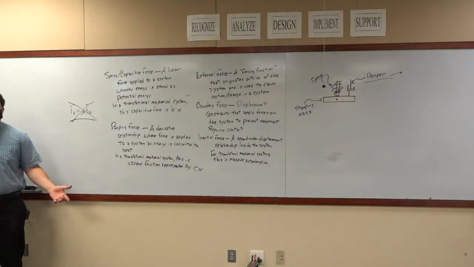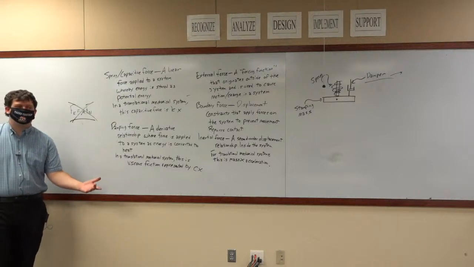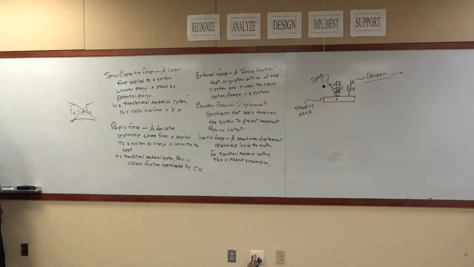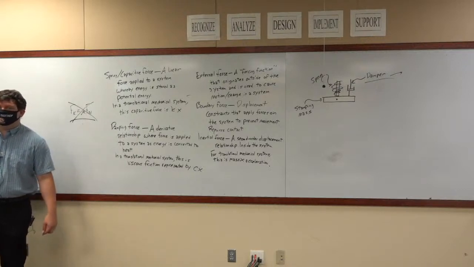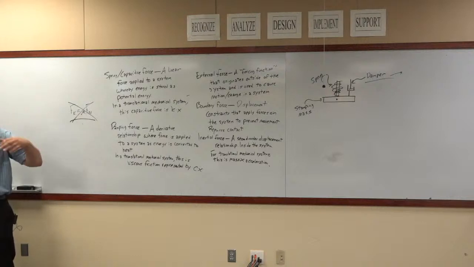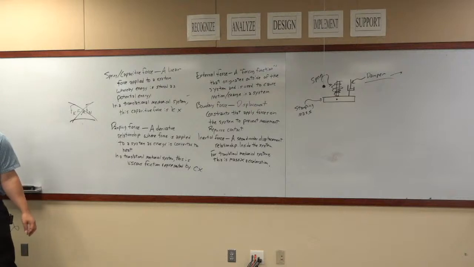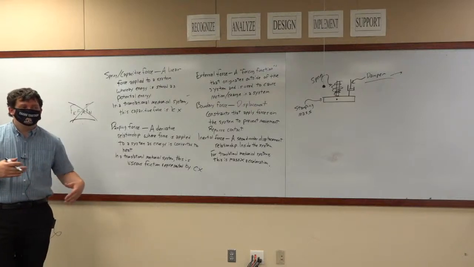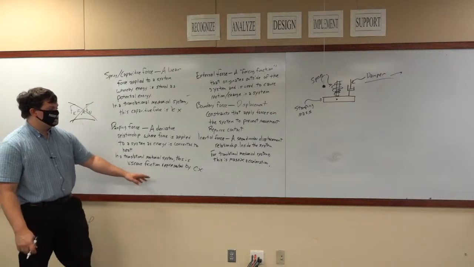In viscous damping, anytime you have fluids involved, as you increase the velocity of the two components relative to each other, it requires a higher shear stress inside of that material in order to be able to handle that variance in velocity.